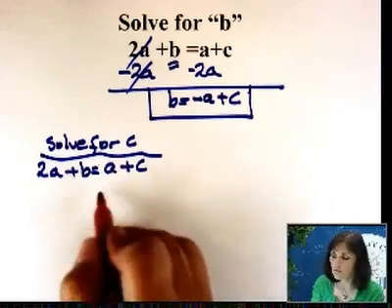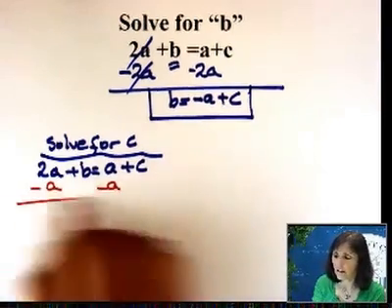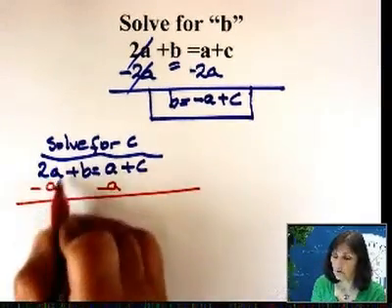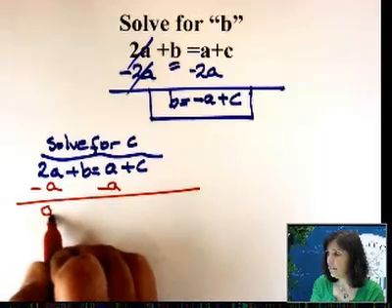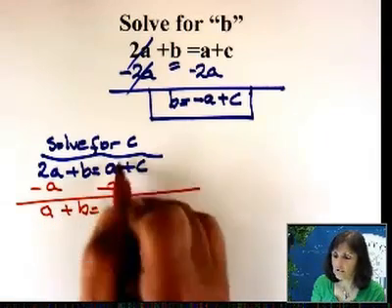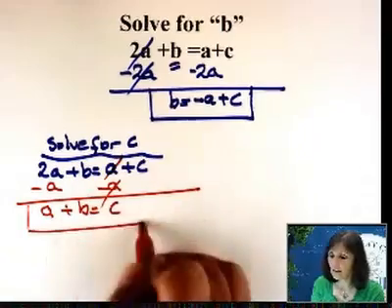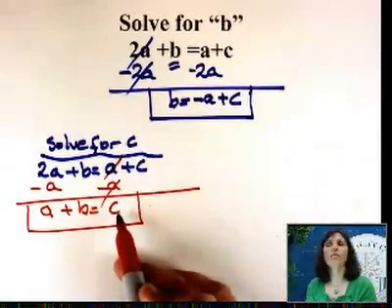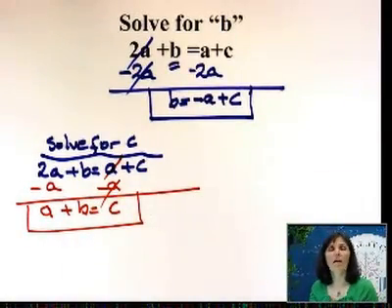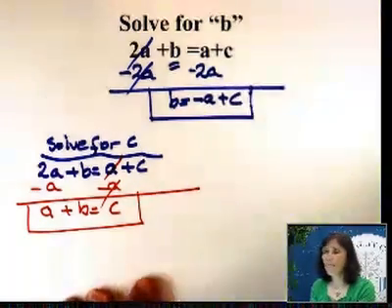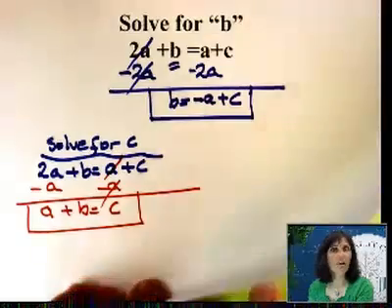So what you need to do is just get rid of that A. So you have 2 minus 1, that's 1. And these two go, you have C. Do you see it? So you can solve for B, you can solve for C, you can solve for A. It doesn't matter. But what you're doing, you're isolating that letter that you're solving for, and then you treat everything else like numbers.